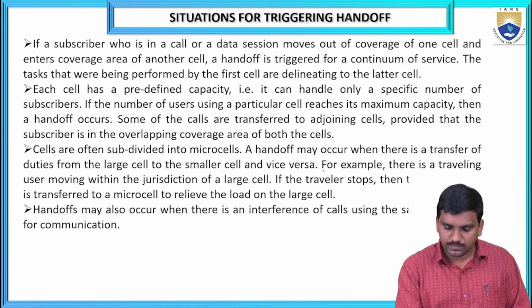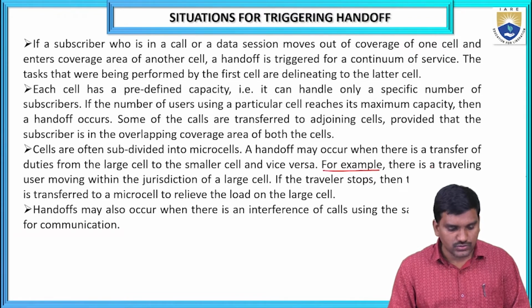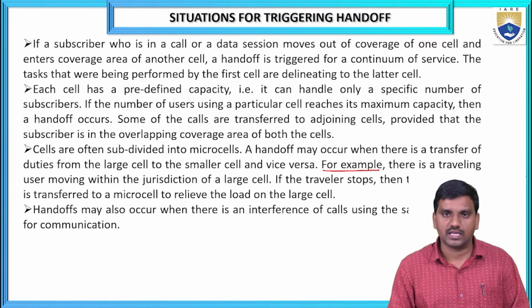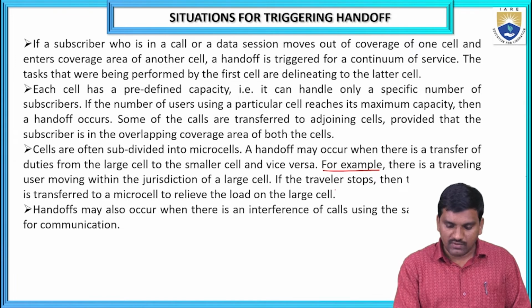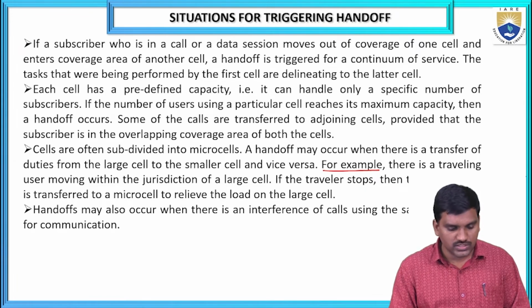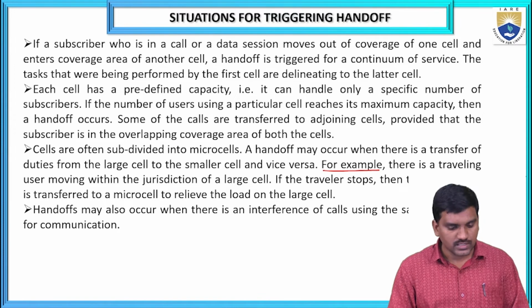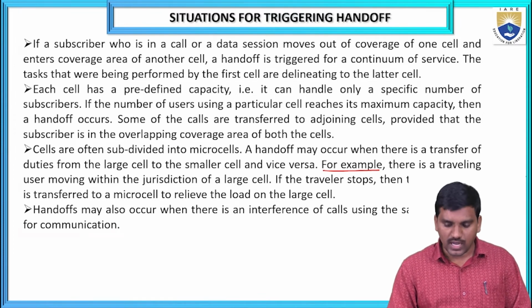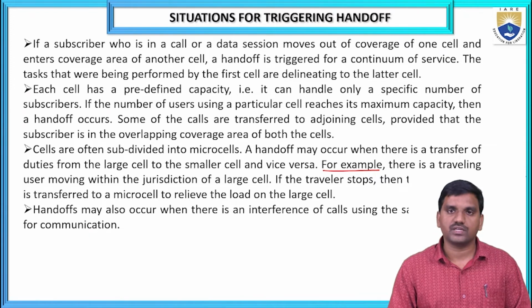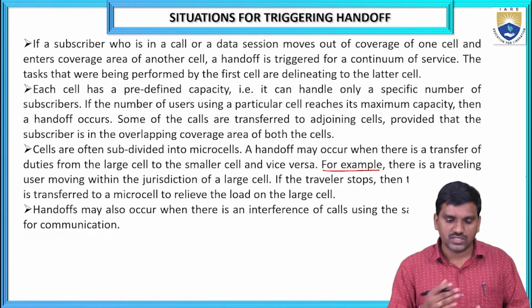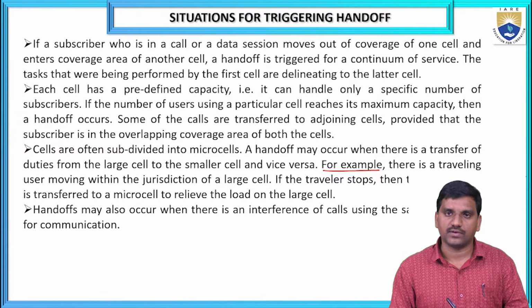For example, a traveling user moves within the jurisdiction of a large cell. If the traveler stops, the jurisdiction is transferred to a micro cell to relieve the load on the large cell. This is one example for micro cells. Handoff may also occur when there is interference of calls using the same frequency for communication. So these are some situations for triggering handoff.